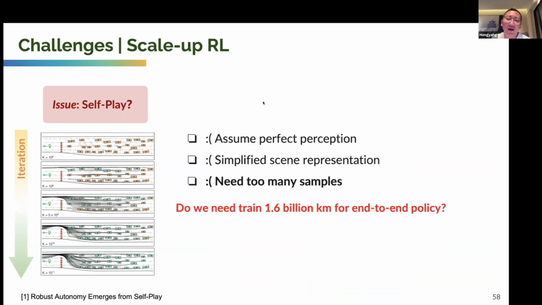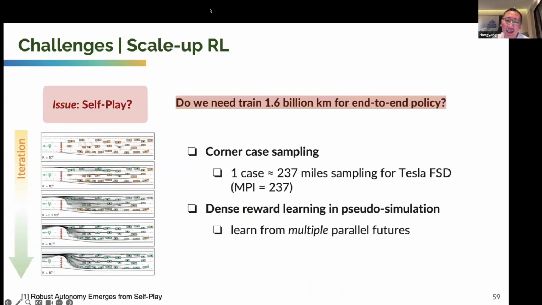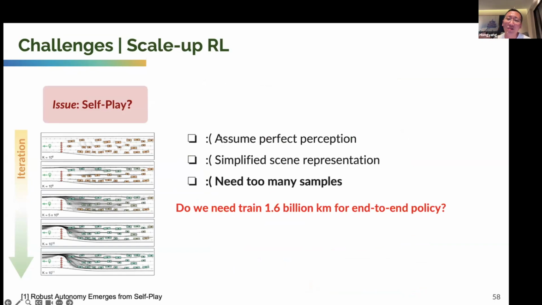The not-ideal part is that it assumes perfect perception, because in this work it starts from the trajectory input. It also uses a simulated scene representation and needs too many examples, right? So the question boils down to: do we need to train nearly 2 billion kilometers for a robust end-to-end policy?